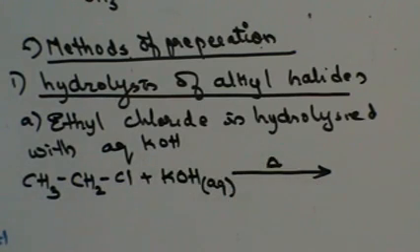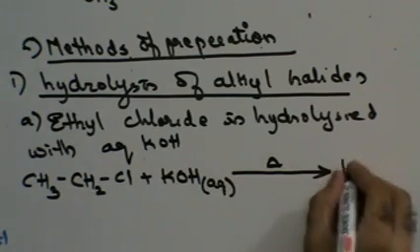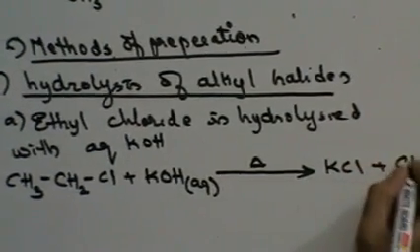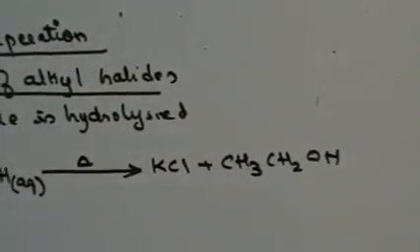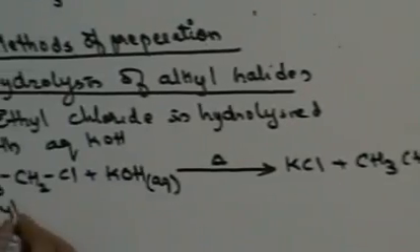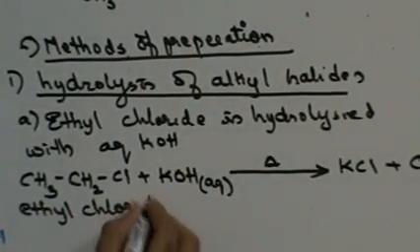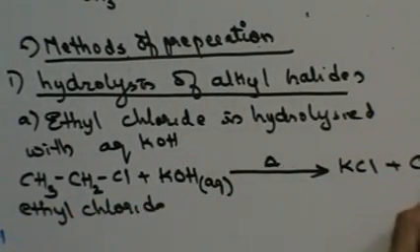You heat this, and when you heat this, you will have a substitution reaction taking place. K will react with Cl to give you KCl, and this will give you CH3CH2OH. Here 2 carbon atoms, therefore ethyl, OH, therefore alcohol. So when ethyl chloride is hydrolyzed with KOH, you get ethyl alcohol, right?